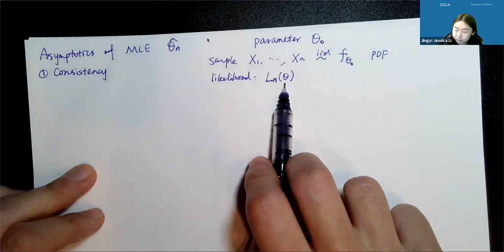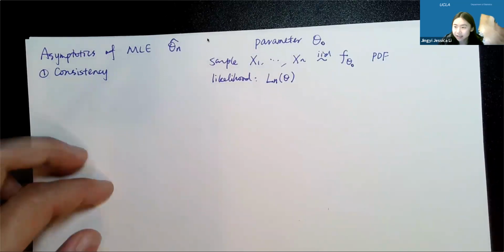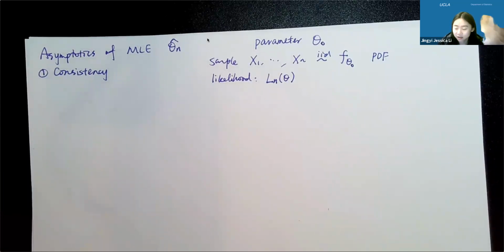For any value, we could evaluate the likelihood function. The perspective of likelihood is that we fix our data but change the parameter value, to assess how likely it is that my data comes from this particular parameter value.